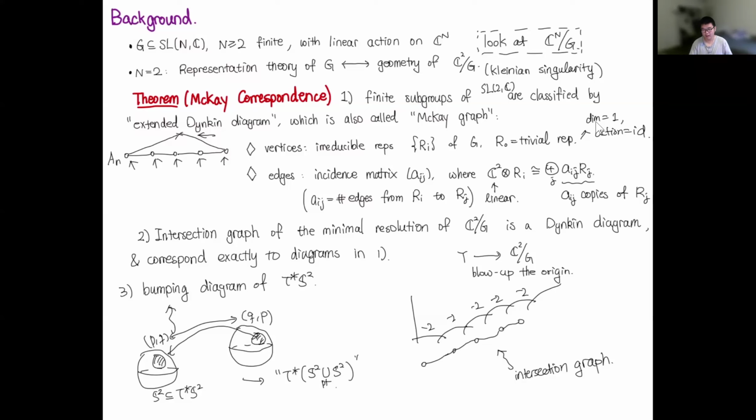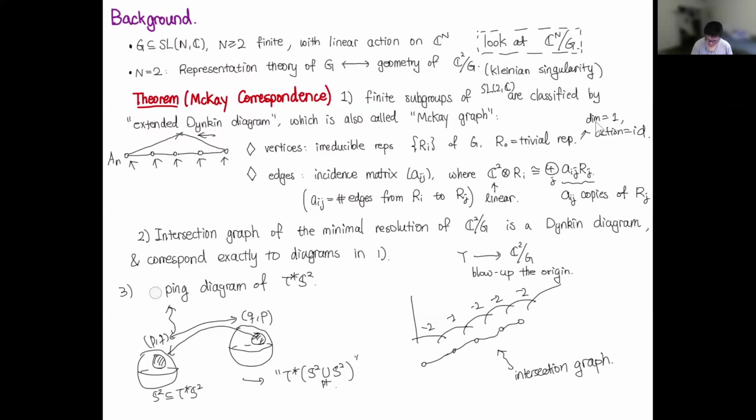So if you have a graph, you can say each vertex is a cotangent bundle of a sphere. And then if they are connected by an edge, you take a plumbing of these two. And given the ADE type of Dynkin diagrams, you just follow this procedure to get a plumbing.